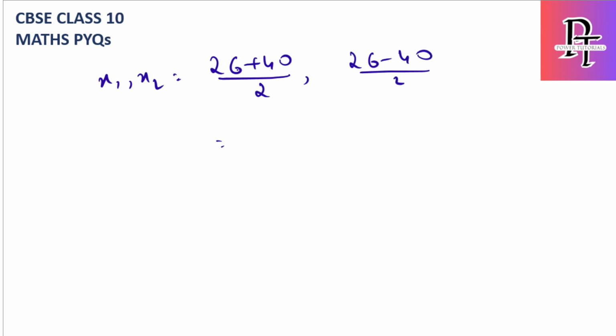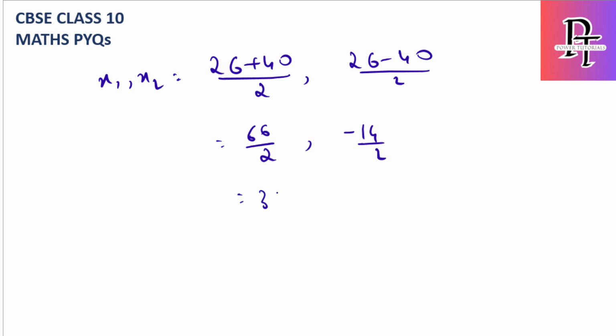So this is 66 by 22, comma minus 14 by 22.